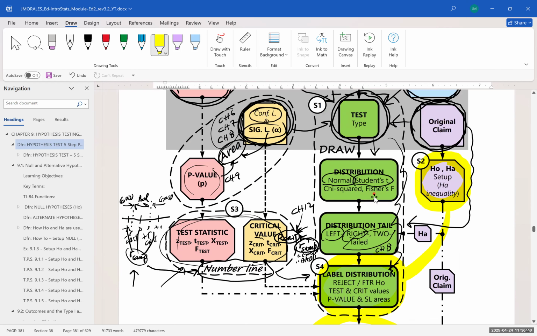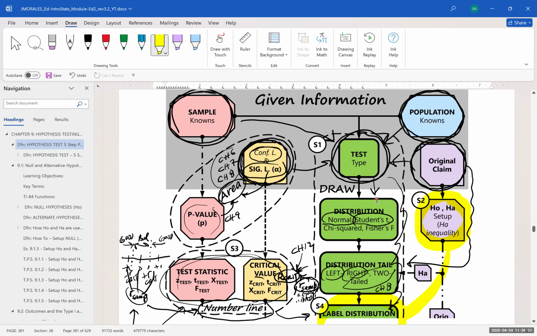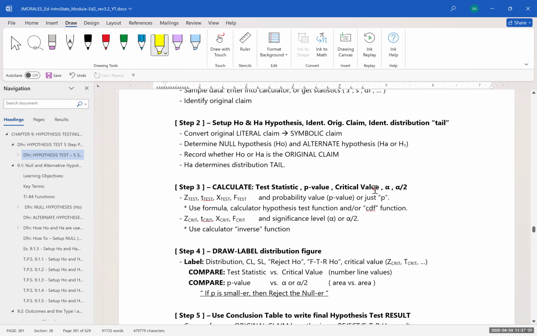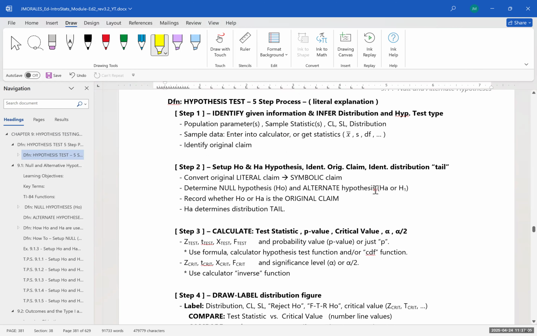Consider this graphic organizer and this listing of the steps kind of like training wheels. There'll come a point when you can take the training wheels off and you won't need to look at these steps anymore. You'll already know what the steps are. And these are the same steps you're going to apply in chapter 10, chapter 11, and in chapter 13. You'll just be making tweaks within a step.